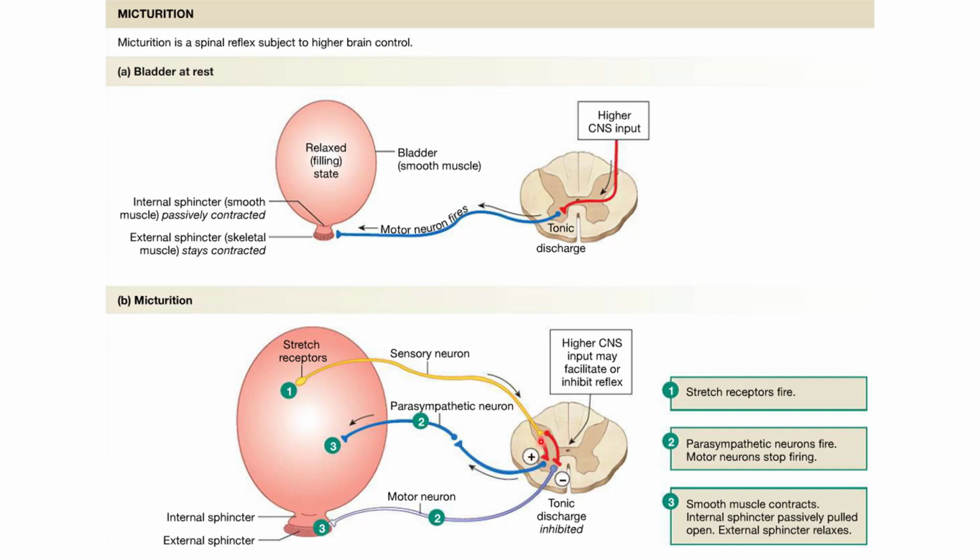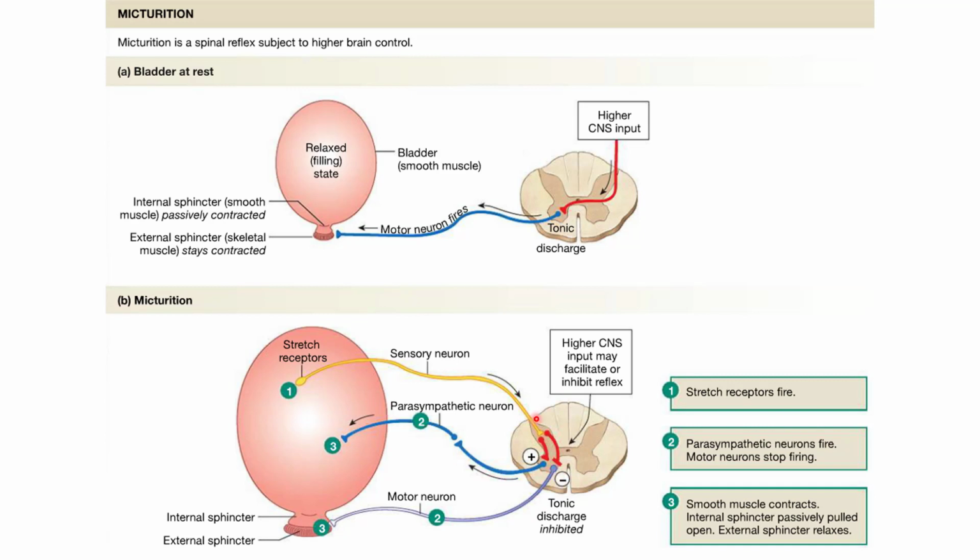The first is that it's going to be excitatory for a parasympathetic reflex neuron that causes the smooth muscle in that internal sphincter to relax. So we relax this internal sphincter through this parasympathetic neuron.